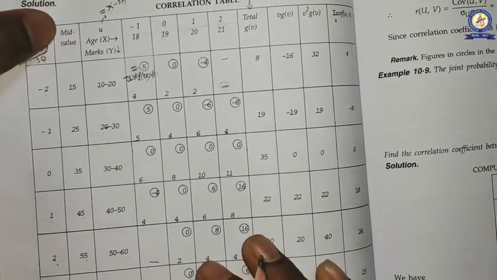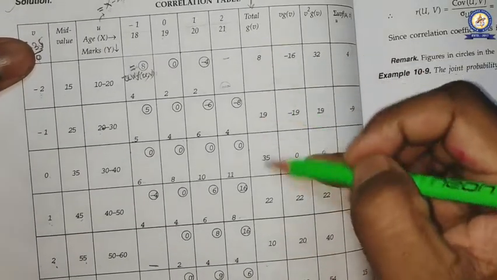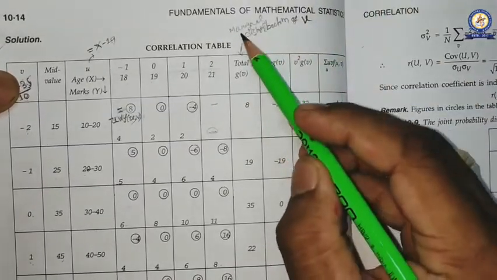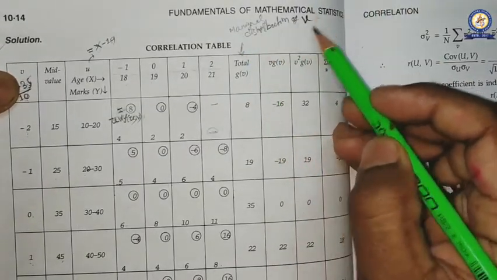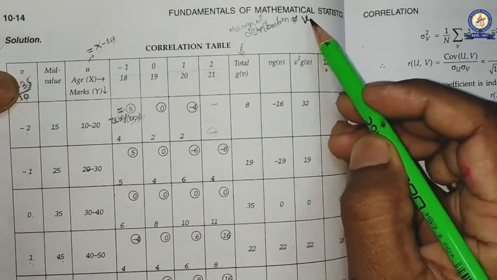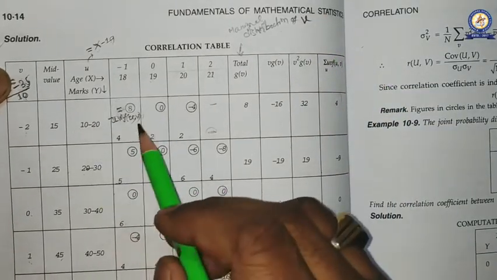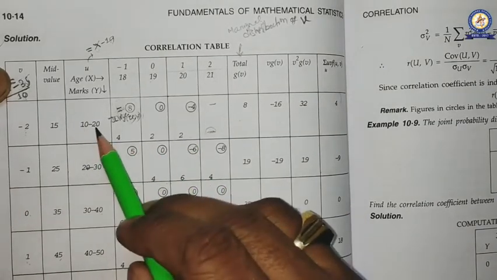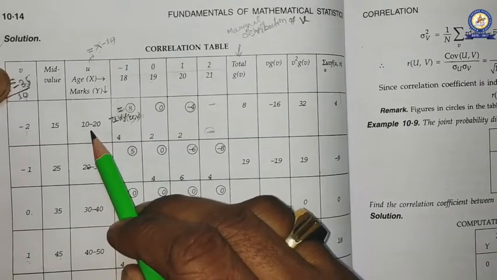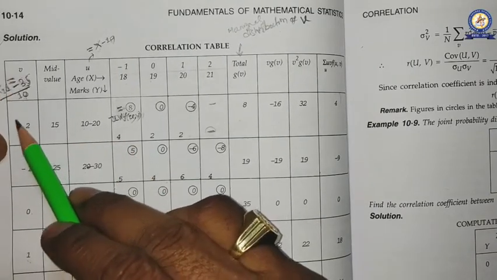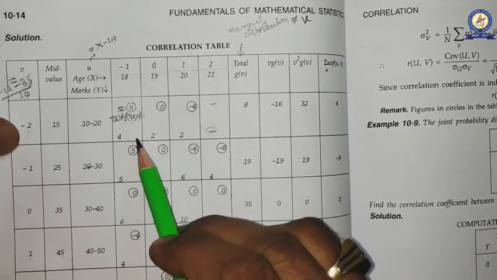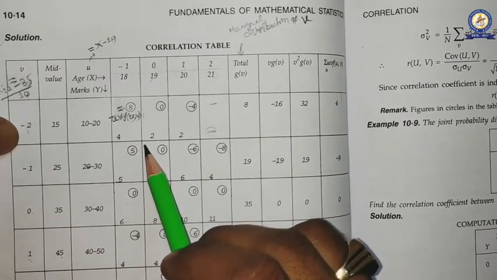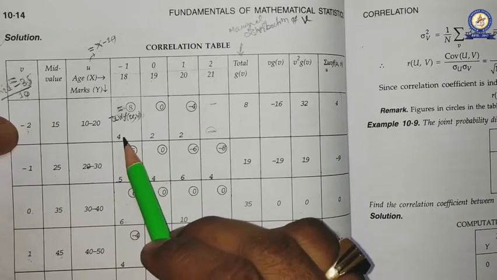You can see that this column, the total GV, represents the marginal distribution of V. That means for a constant V, we have to add all the X values. For the V value minus 2, all the x values are 4 plus 2 plus 2 equal to 8.